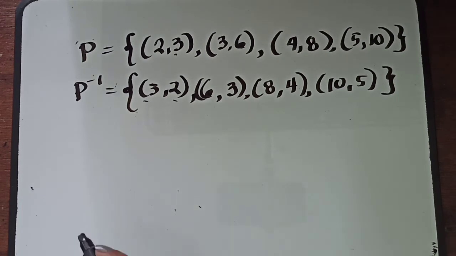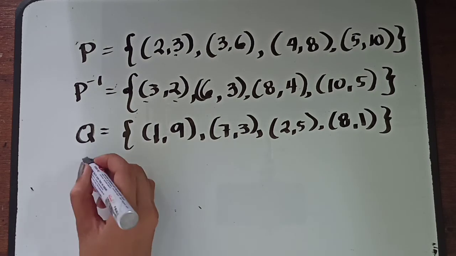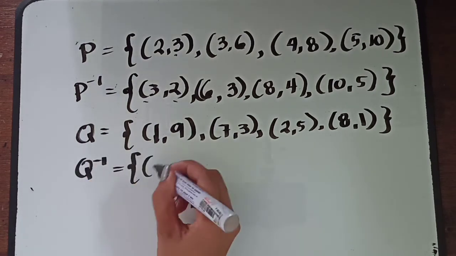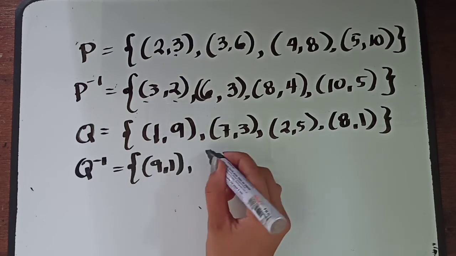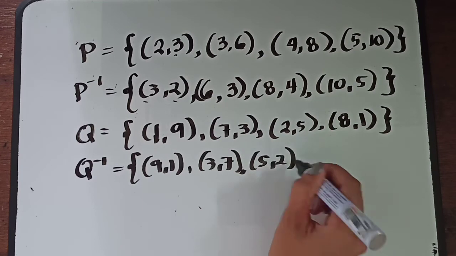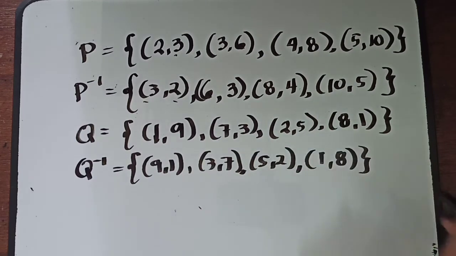Okay, so another example. Q is equal to (1, 9), (7, 3), (2, 5), and (8, 1). So, the inverse of this function, the inverse of Q is equal to (9, 1), (3, 7), (5, 2), and (1, 8).